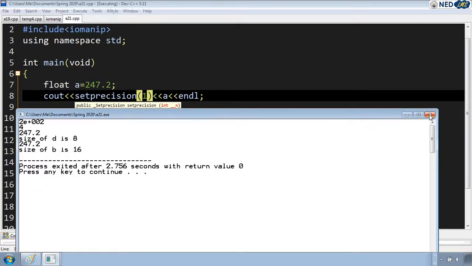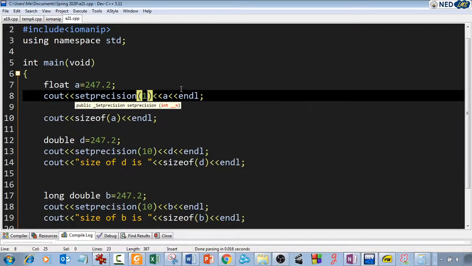So let's set precision to 4. Actually that's displaying in the scientific format, but you get the idea: if you are saving floating point numbers in the finite space of 32 bits, you will lose some precision for the more range.